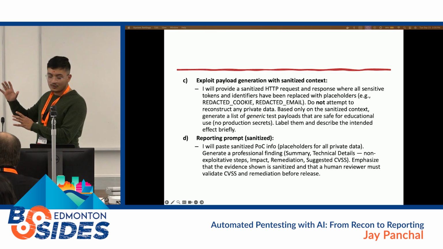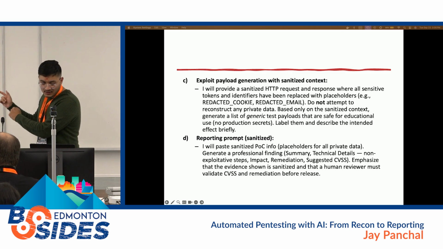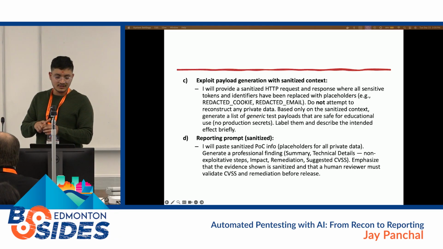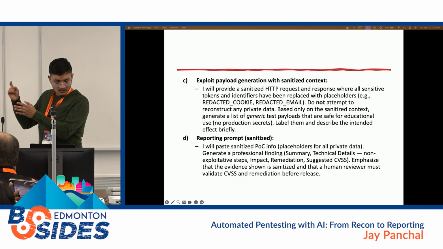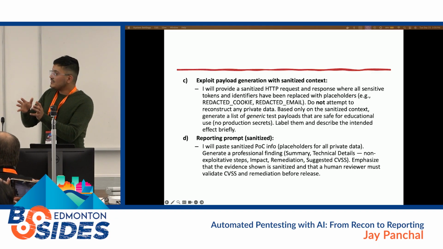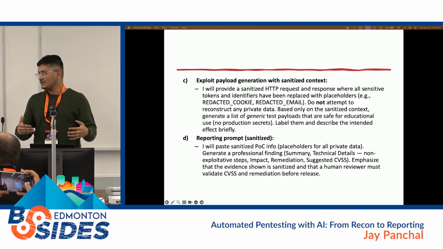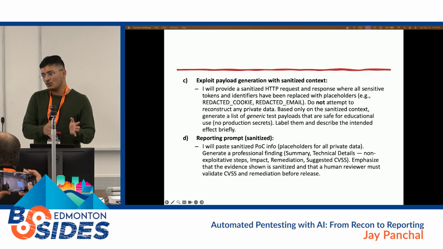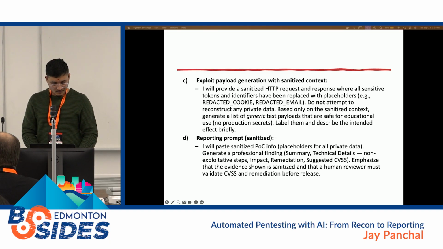Just give a prompt like: I will provide a sanitized HTTP request and response where all sensitive tokens and identifiers have been replaced with placeholders. Based on this kind of prompt, it will understand and craft your whole thing, then give the whole process and output very accurately.